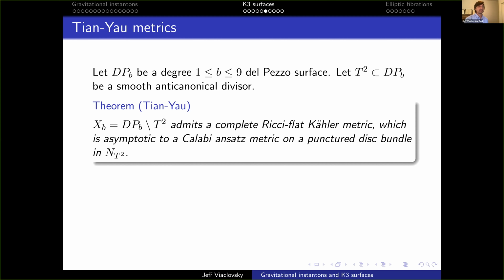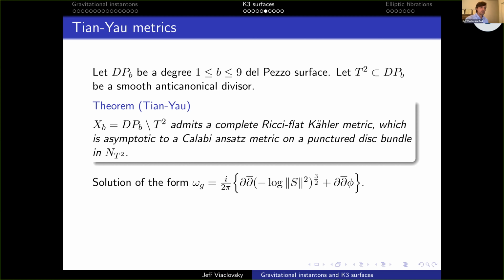So dP_b will be a degree b, between 1 and 9, del Pezzo surface, and D will be a smooth anti-canonical divisor. So Tian-Yau showed that the complement admits a complete Ricci-flat Kähler metric, which is asymptotic to a Calabi-Yau metric on a punctured disk bundle in the normal bundle around the divisor.